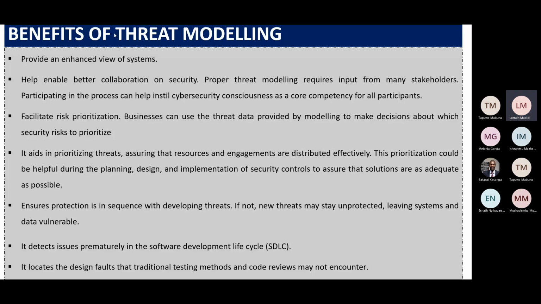The fifth point is that it ensures protection is in sequence with developing threats. If not, the new threats may stay unprotected, leaving the system and data vulnerable. So it helps in covering that gap in terms of protecting our systems.